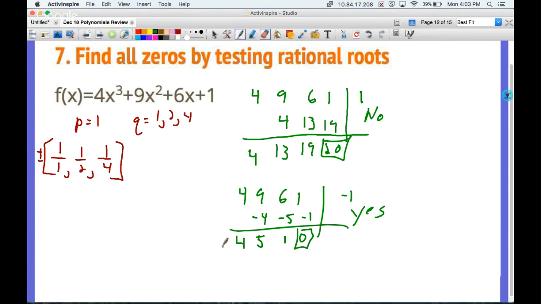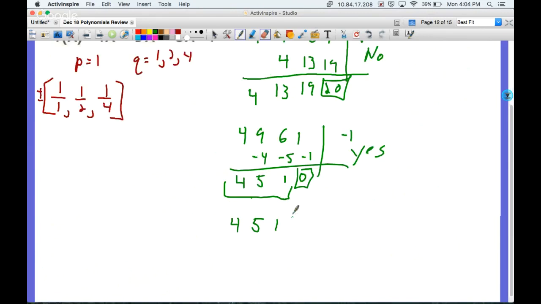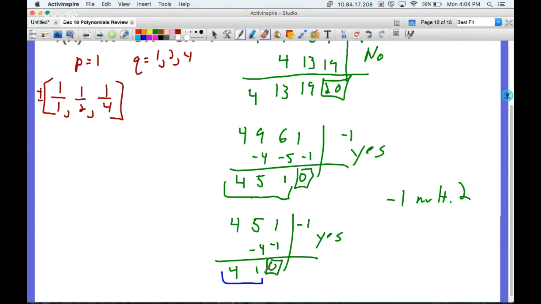Let's check for multiplicities by taking that same bottom row, checking it again with -1 to see if -1 has a multiplicity. So 4, 5, 1. Let's check that with -1. I've got 4, -4, 1, -1, 0. This is yes, so we know -1 has multiplicity 2, but also we don't really have to keep going because this here gives us the equation 4x plus 1.